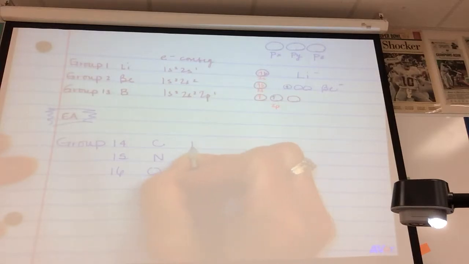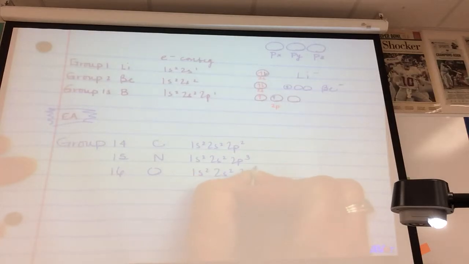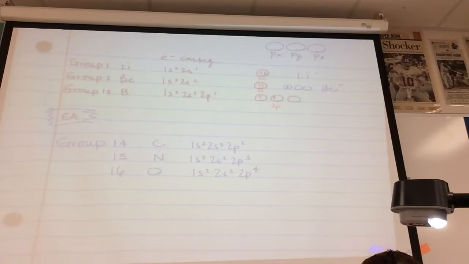Carbon is 1s2, 2s2, 2p2; nitrogen is 1s2, 2s2, 2p3; oxygen is 1s2, 2s2, 2p4. Why are all of those paramagnetic? They all have unpaired electrons, and that's what I'm talking about. These are things that have been mentioned previously, I realize, but I'm just trying to make sure you're digesting.